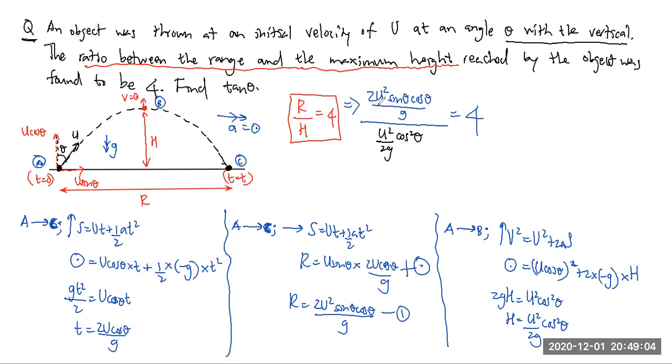You can see u squared, both are there, so you can cancel it out. Look at g. In both the fractions, u squared is in the numerator, g is in the denominator, so it can be cancelled out. And here you have sin theta cos theta as numerator, here you have cos squared theta as numerator, so one of the cos thetas can be cancelled out.